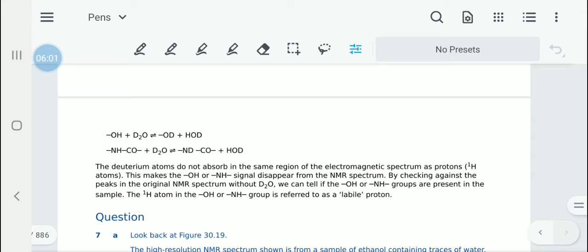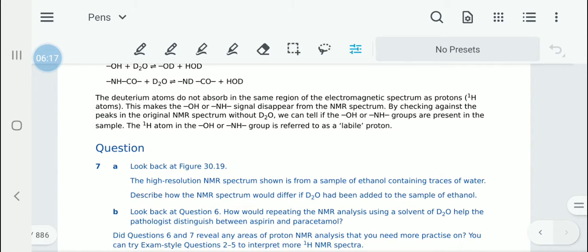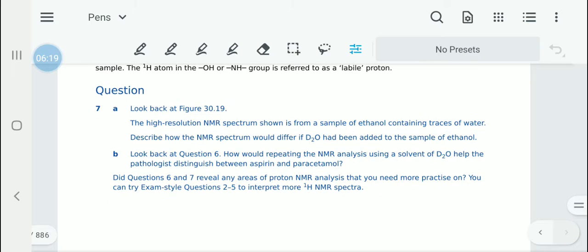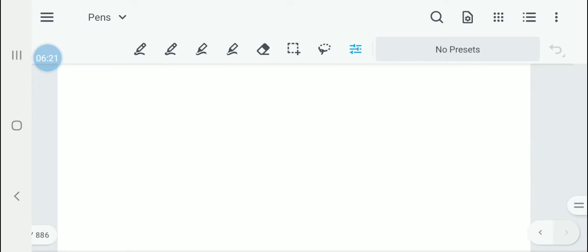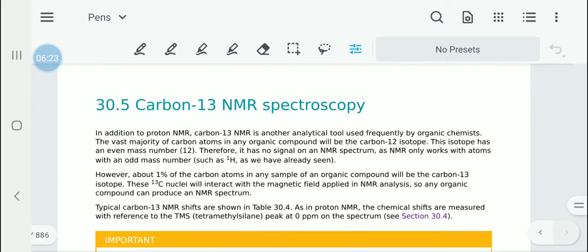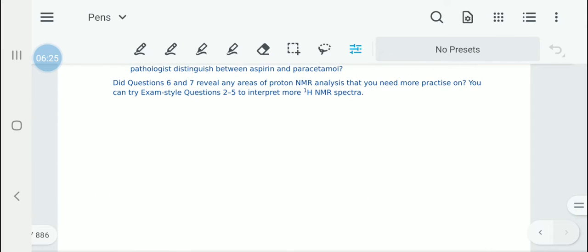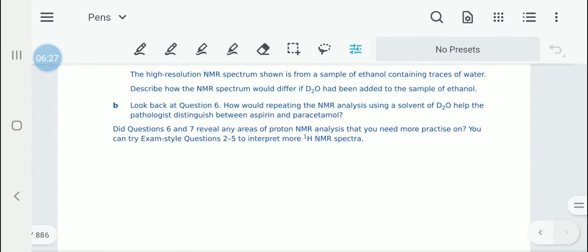When the values are checked with the peaks and their corresponding energy values, we will be able to figure out if it is OH or NH. I hope you understood. If you have any questions, please ask. Before you go to the next part, please do question number 7.